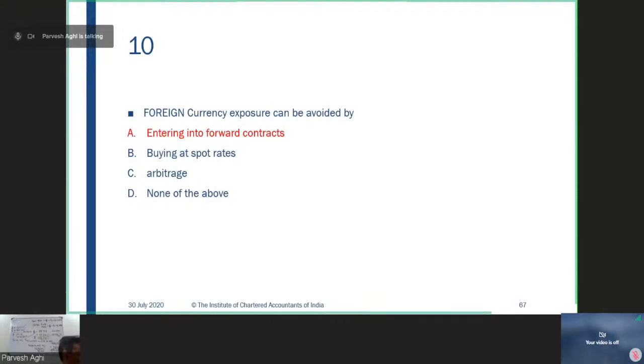Of course, you can also buy at the spot rate so that you don't have any exposure at all. But now you have limitations. If you have taken a credit period from your supplier, or you're going to get your dollars after some time, then you have to take a forward contract to avoid your foreign currency exposure. If a credit period is there, entering into a forward contract is always the better choice.